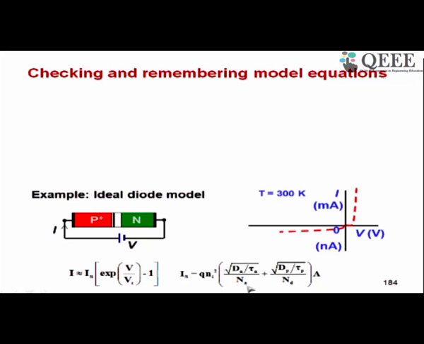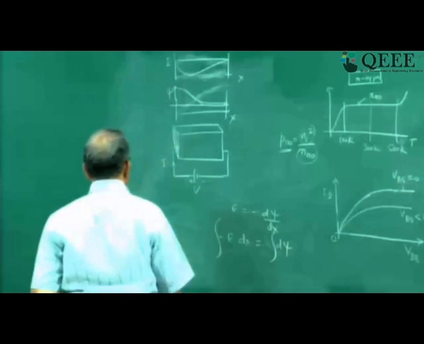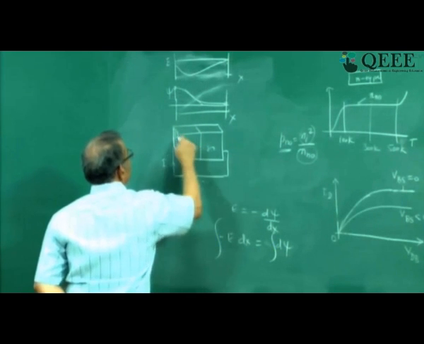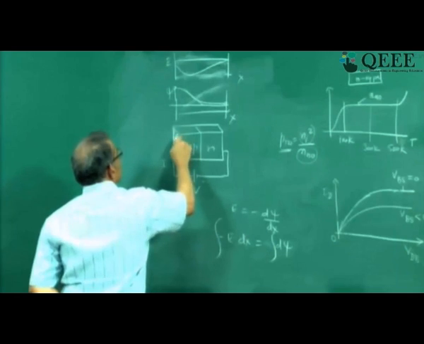This is clear from the denominator term Na. Na means p side doping, and therefore these quantities are also for p side. Similarly, this is for n side. A is the area of the diode, area of cross section, that is this area. So if this is a diode Pn, then this area is A.